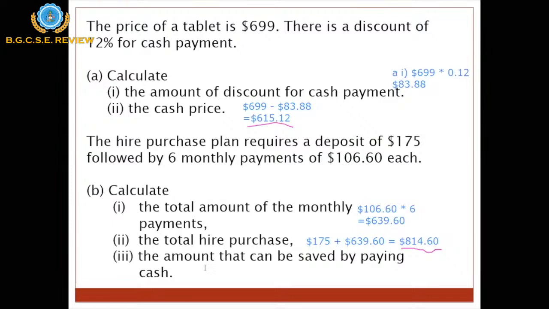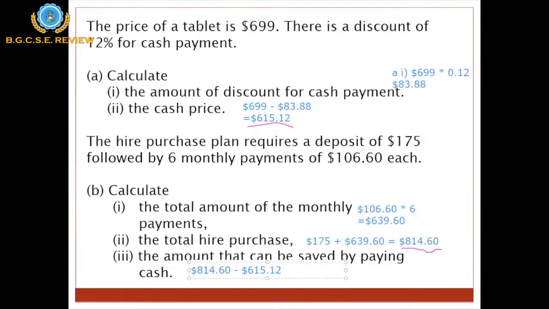Well, I know the hire purchase price was more, so I'm going to start with that: $814.60, take away the cash price. And I want you to pay attention, because when students look at this question, they might assume the cash price was $699, but that's not what the question said. Notice they said that the cash price came with a 12% discount. And so if I paid cash, I really ended up paying $615.12.